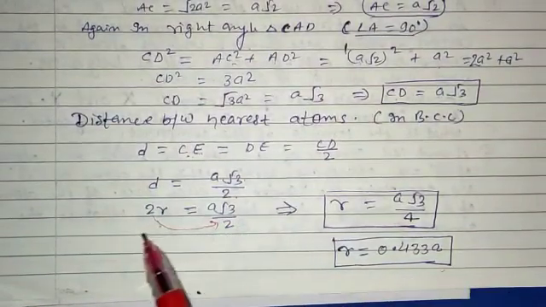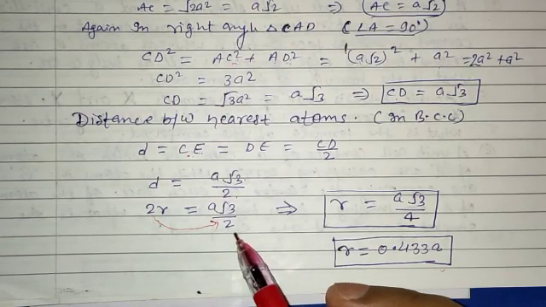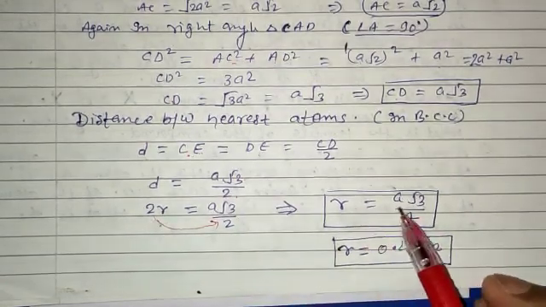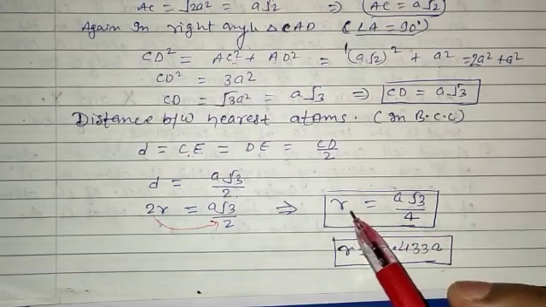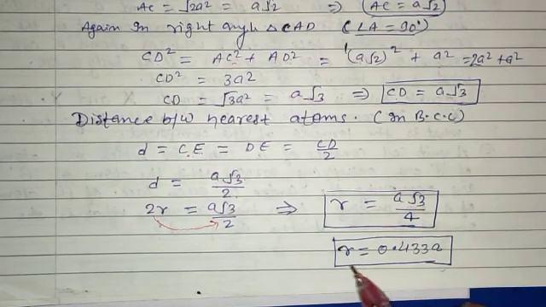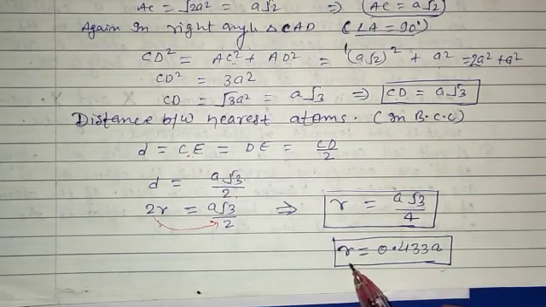Okay, r equal, 2 goes to the denominator of the other side, so 2 into 2 becomes 4. r equal a root 3 by 4. This is the relation between radius of atom and edge length. And after simplifying, r equal 0.433a. This is the relation between edge length and radius of the atom.